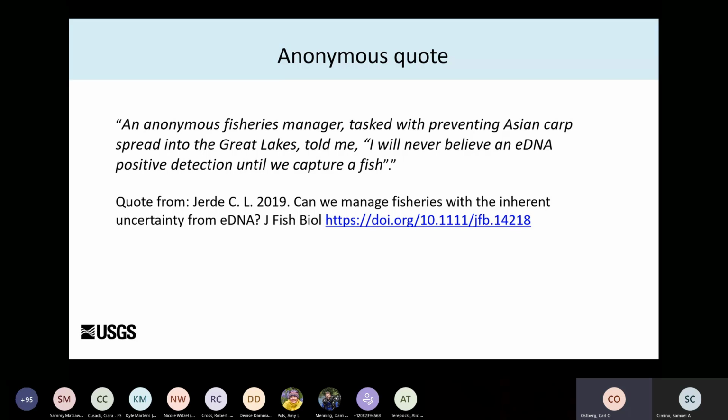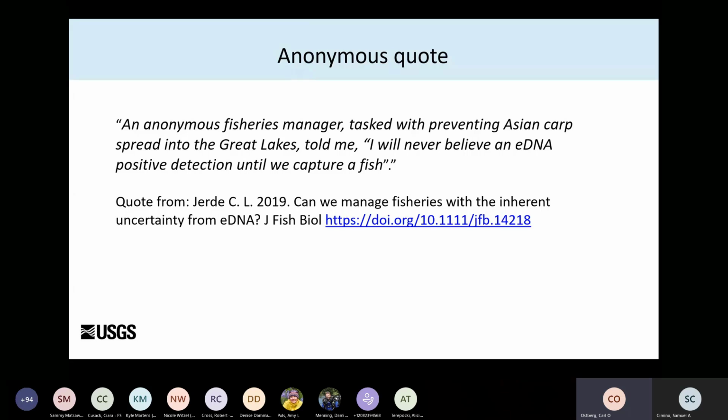An anonymous fisheries manager tasked with preventing Asian carp spread into the Great Lakes told me, "I will never believe in eDNA positive detection until we capture a fish." Now, I don't know how recent this quote is. The paper's from 2019, so it could be a quote from 2018 or 2019, or maybe 2012. But I think it's not an uncommon viewpoint.